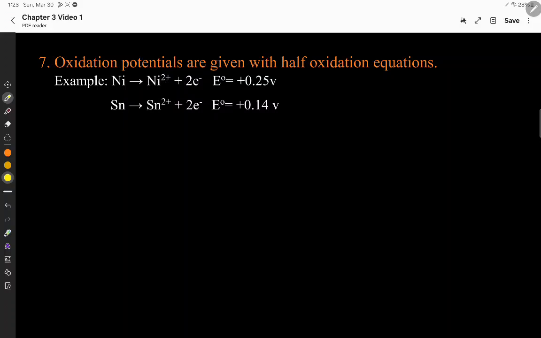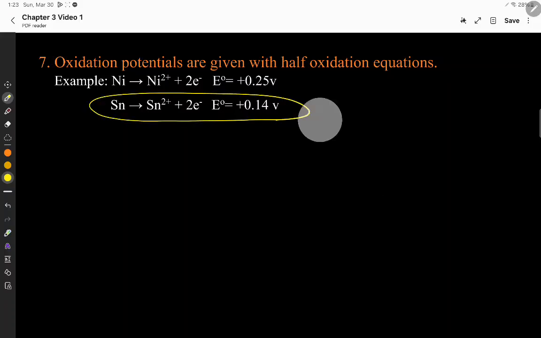The same idea we used before, we reverse the equation with less reduction potential. Which one has less reduction potential? Positive 0.25 or positive 0.14? It is positive 0.14. So the second equation should be reversed.